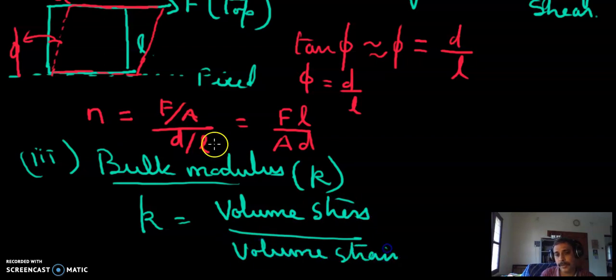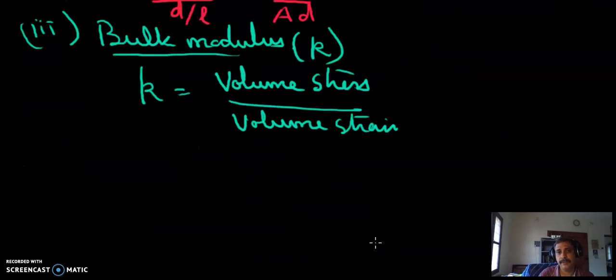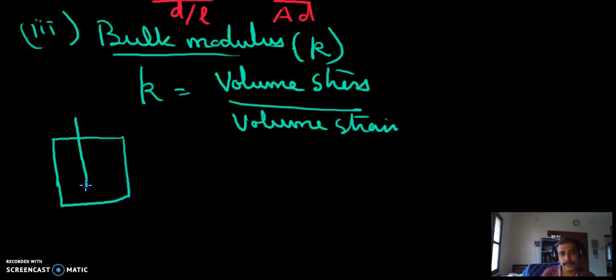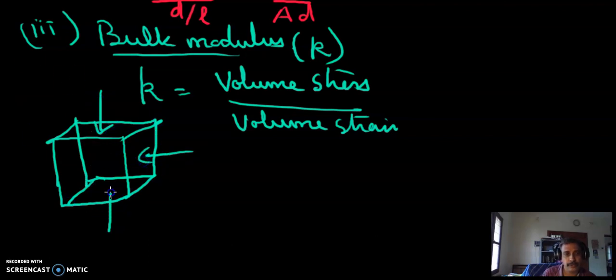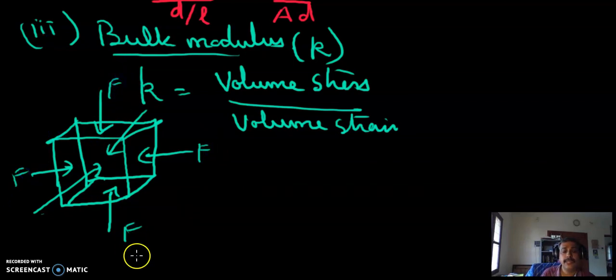Suppose I have a cube like this. Now we take a cube. On this cube I apply force in all directions. I apply equal force in all directions: front, back, all four sides, F on every side.